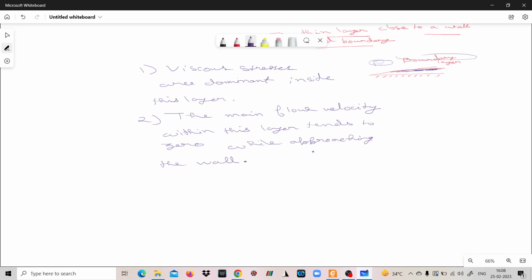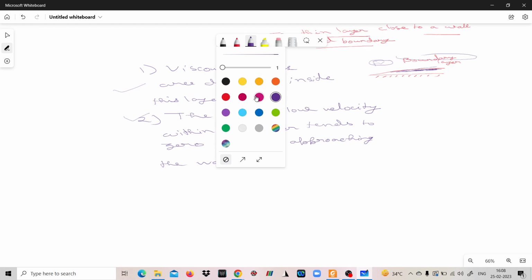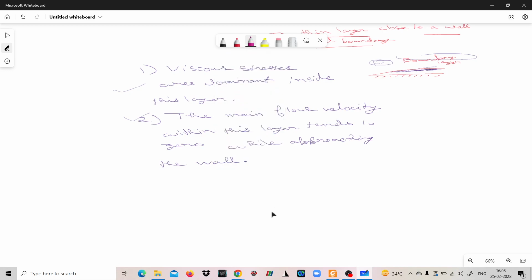So what does this line basically signify? These point number 1, point number 2, all these points are related. How? Point number 2 tells us that the main flow velocity within this layer tends to 0 while approaching the wall.